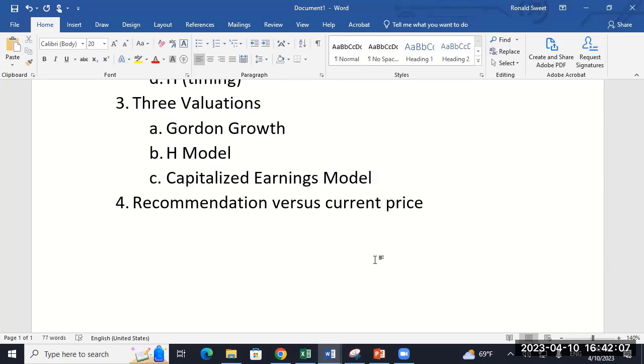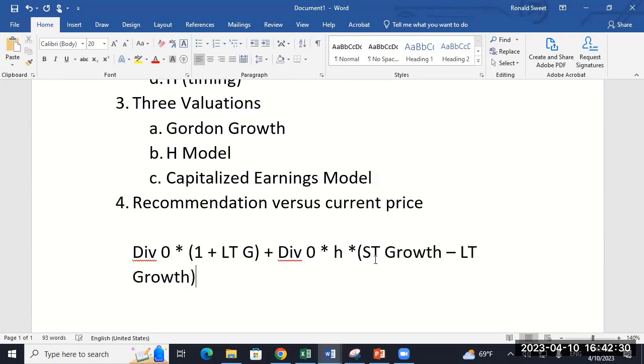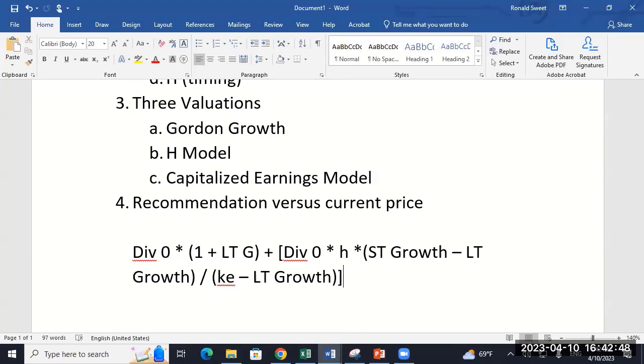So what some people do in the H model is they've got dividend 0 times 1 plus long-term growth plus dividend 0 times H times short-term growth minus long-term growth, divided by KE minus long-term growth. And what they actually do is they take this plus that. And that's not the right answer.